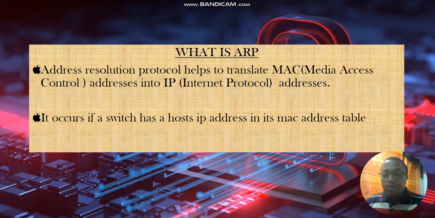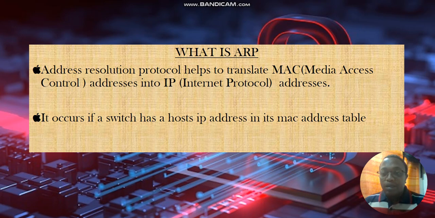Okay, now a switch learns from incoming traffic. So from the port which brought in the traffic, the switch learns the MAC address and the source IP address of that traffic and registers it in the MAC address table.